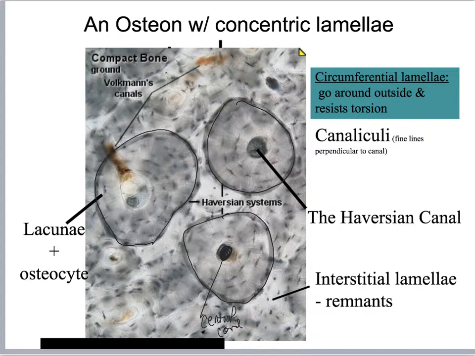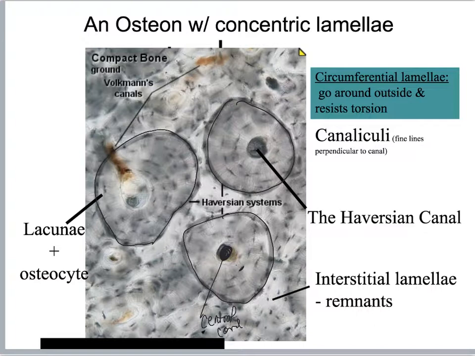Now, here I can see a lamella. And then I can see another lamella up here. And then I can see another lamella here. It's very difficult to see the edges of the lamella. What I do instead is I focus on the osteocytes in the lacuna. Now, you can't distinguish the two of them at this magnification.